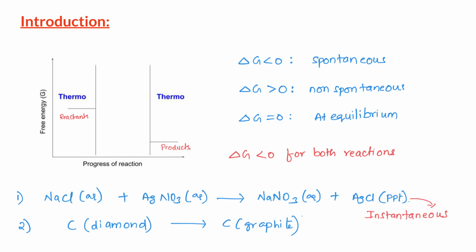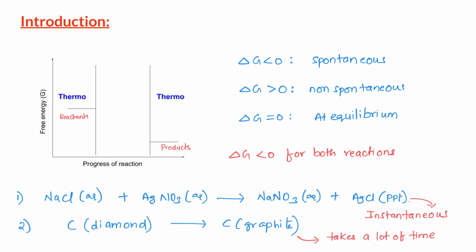That is, the precipitate is formed as soon as you add a solution of silver chloride to silver nitrate. On the other hand, the conversion of diamond to graphite is so slow that it is undetectable to a human eye. Therefore, the phrase diamonds are forever.